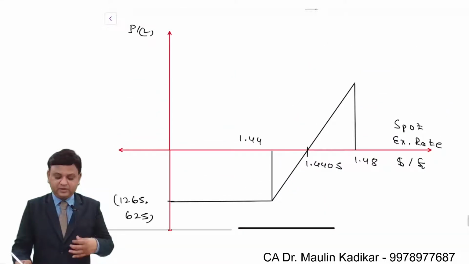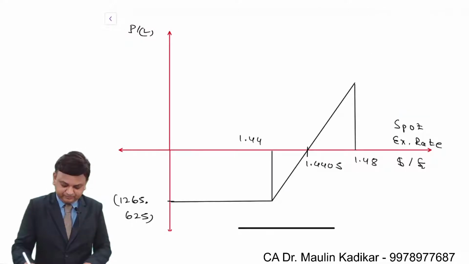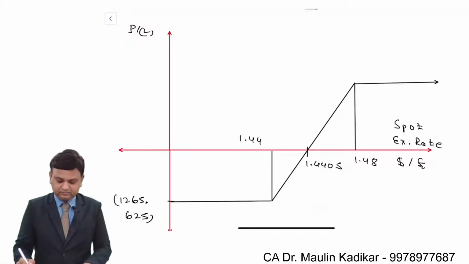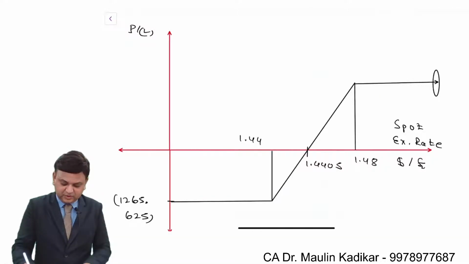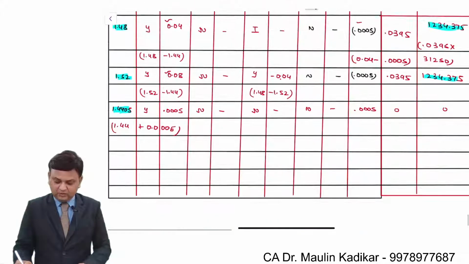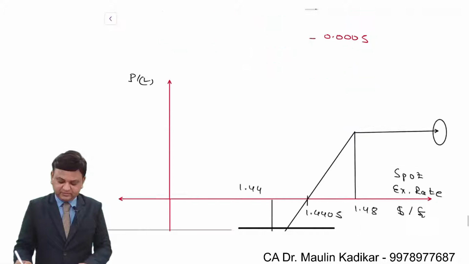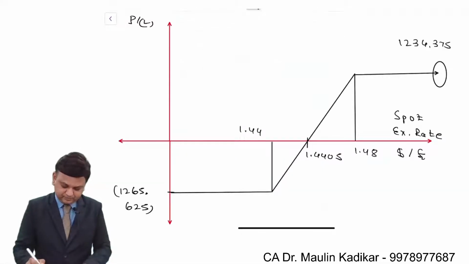And beyond 1.48, the amount of the profit is going to remain the same. And the amount of the profit beyond this is 1234.375. So over here we have the plotting like this.